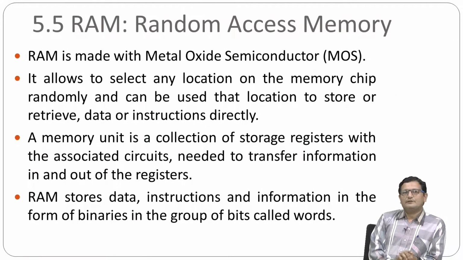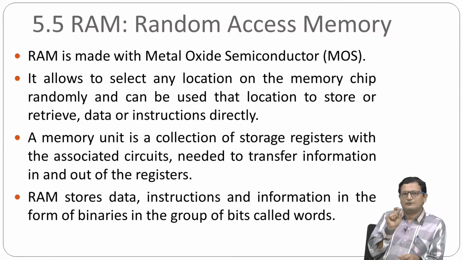RAM is made with metal oxide semiconductor. It is a MOS memory, made from metal oxide semiconductor memory. Random access memory allows selecting any location of the memory chip randomly. So, if you have the address of a particular section of the RAM, the CPU can directly access the data.